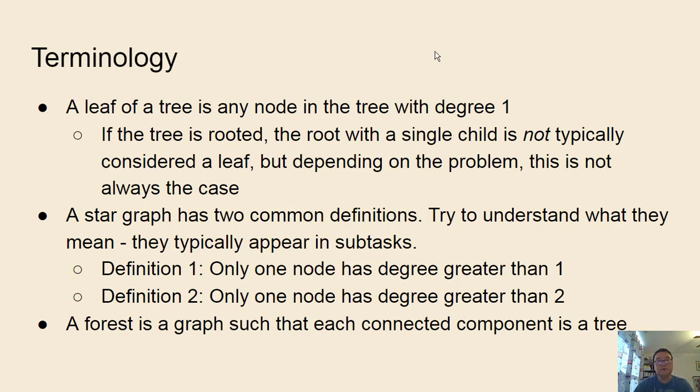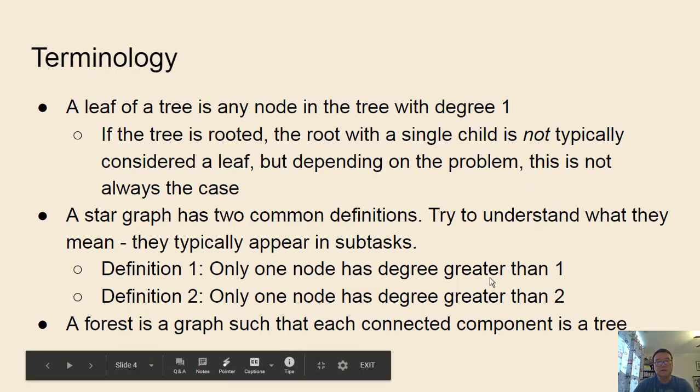So degree less than or equal to 2 means we have a single line. When only one node has a degree greater than 2, that means there is one center node, and from this center node, we can have lines going outward. Unlike the previous one, where all the paths going out from the center have length 1, here the length can be arbitrary. So there is a center, and from the center we can shoot out different lines. That's this kind of special graph.